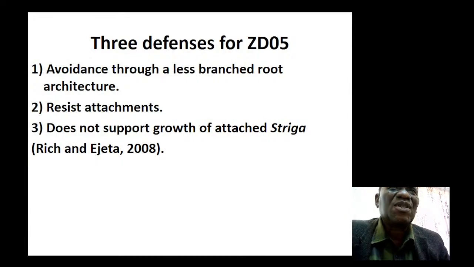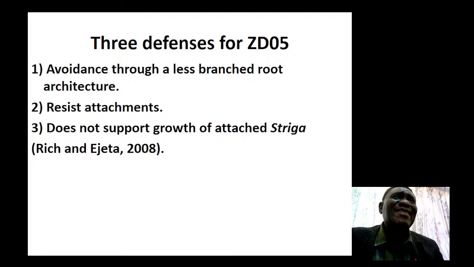Now, if we look closely at the ZD05, it can avoid Striga because of its less branched root architecture. But this is not a very strong trait for resistance.